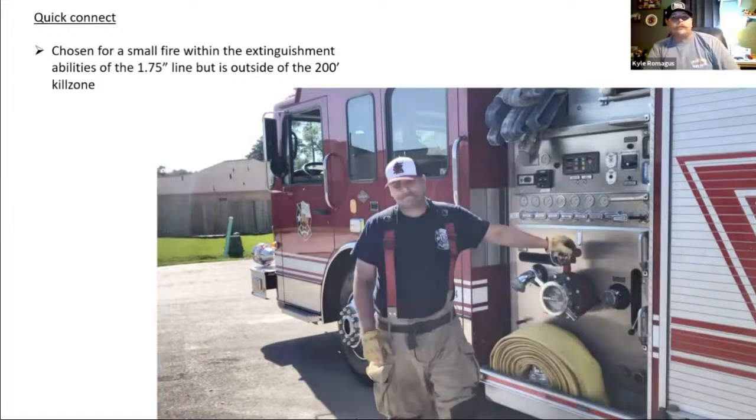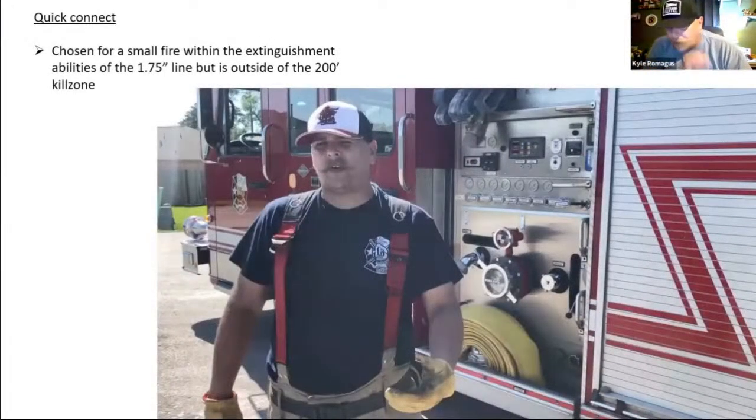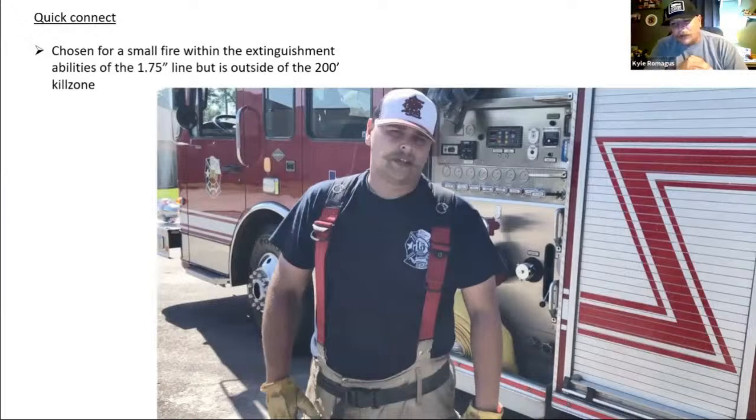So say for instance, we've got RV fire, small fire, car fire, something that's out of reach of the pre-connect. Emphasis on small fire. I teach this one hesitantly to a lot of departments that we go to, and I always teach it with a preface. If I'm 350 feet away from what's on fire, 350 feet's a long way, Jack.